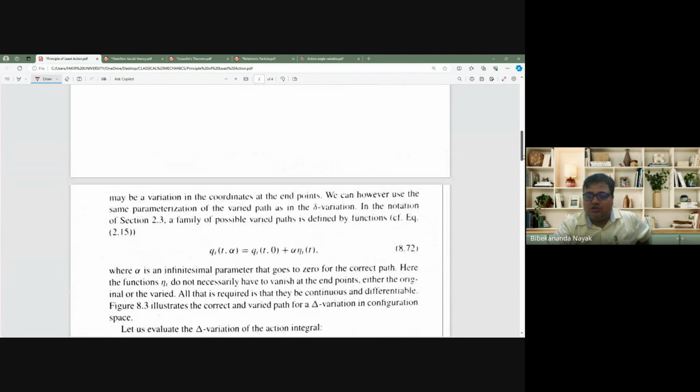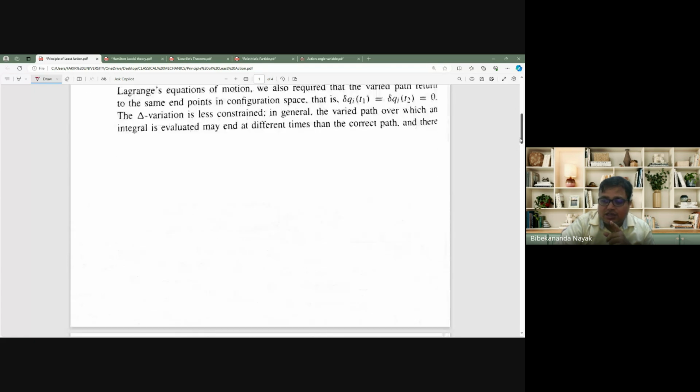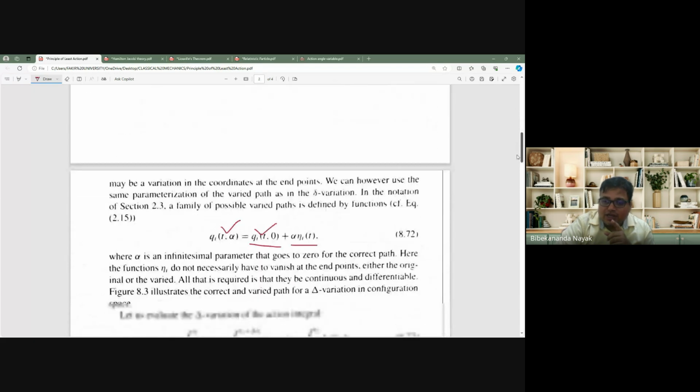If the actual path is q(t, 0), then that path will be q(t, alpha) = q(t, 0) + alpha eta(t), but the endpoints are the same.